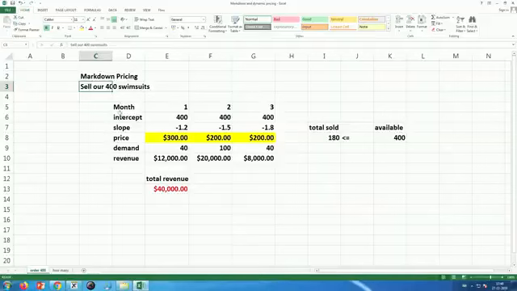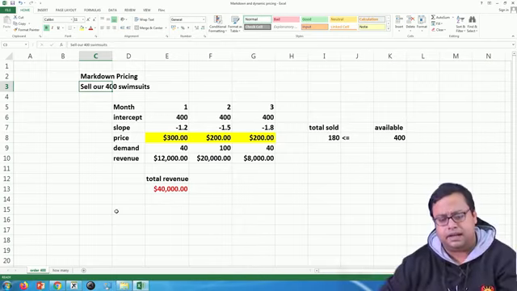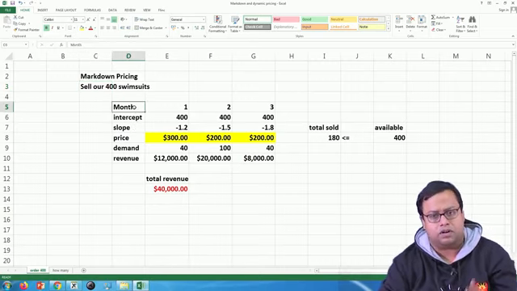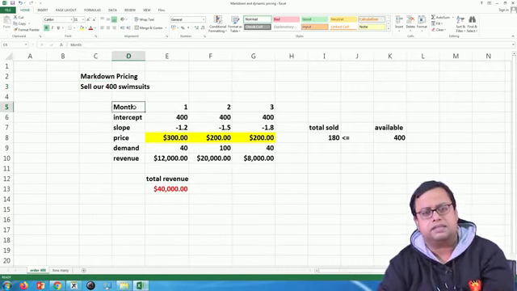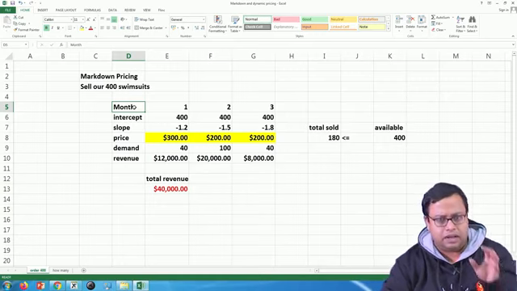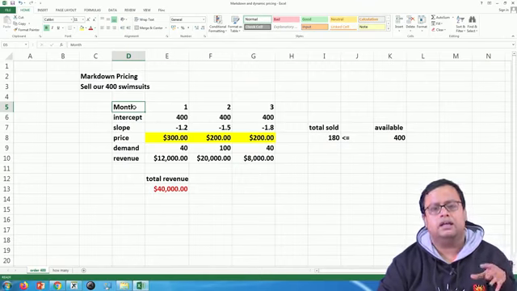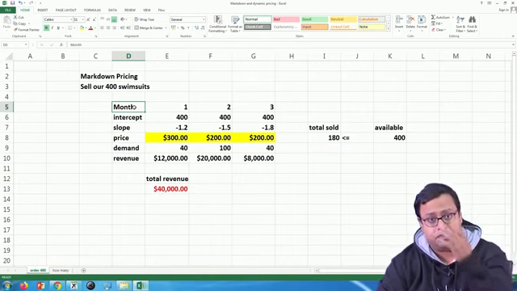Let us say we are talking about selling 400 swimsuits, and we have decided to sell them in 3 months. You can even think about not months but quarters 1, 2, 3, and if the data permits, quarter 4 also. In the summer quarter, people will be less price sensitive, and will buy swimsuits because they would like to swim.